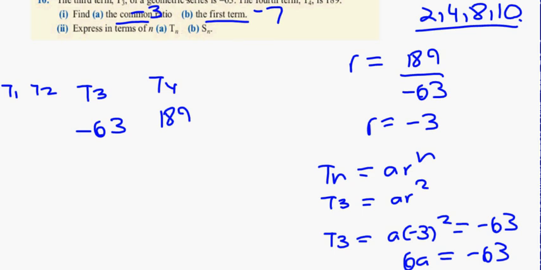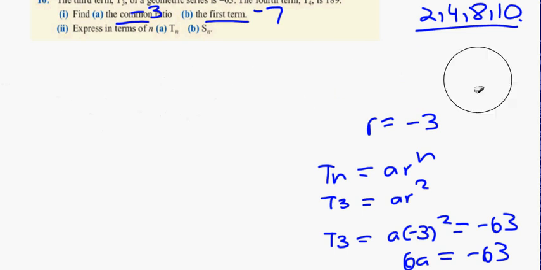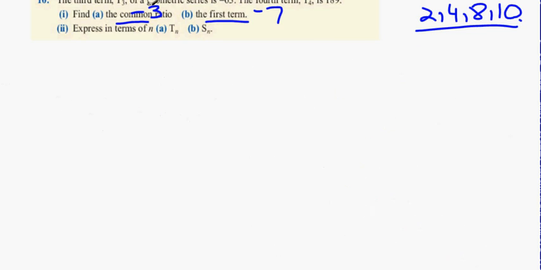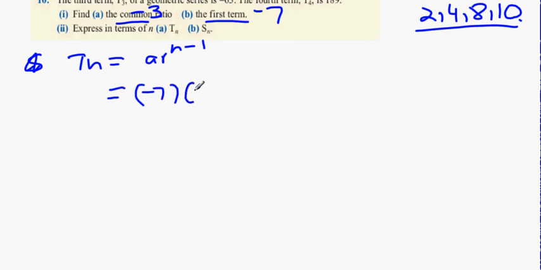Expressed in terms of n, Tn and Sn. Well, Tn is a r to the n minus 1, which is going to be minus 7 bracket minus 3 to the n minus 1. Okay, Sn, and this is question 10.